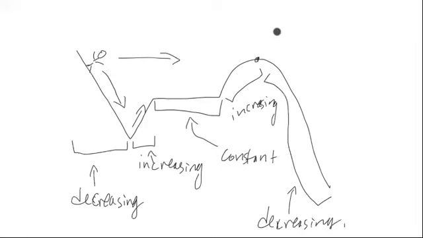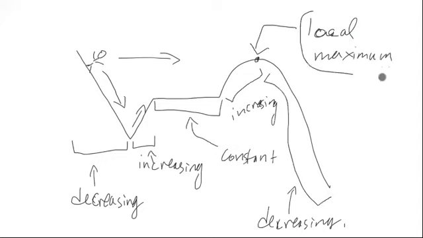And we also have a couple other thoughts. Right here, we call this a local maximum. A local maximum of what? Not of x values, but of y values. Nearby, it's the biggest y value nearby.